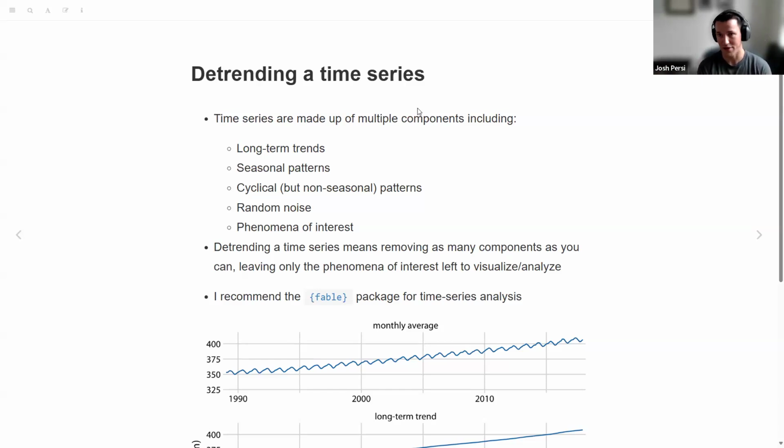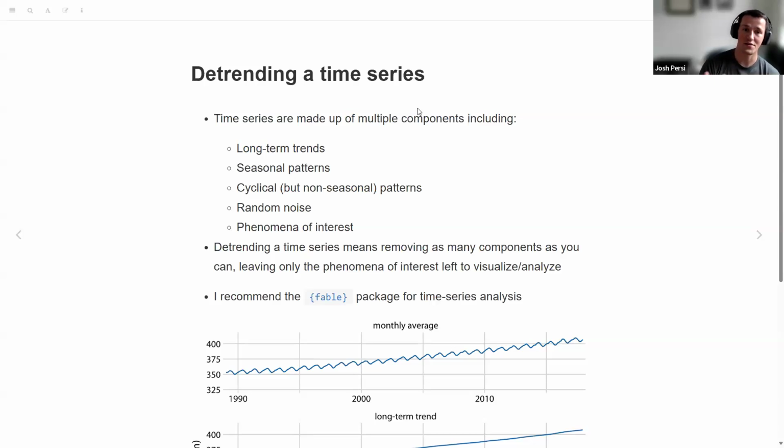But basically, for any time series, there are probably multiple components to it. There's perhaps a long-term trend, such as the value increasing or decreasing, almost as a larger scale force. Are there seasonal patterns? Are there cyclical patterns that repeat over time, but not in step with seasonality?